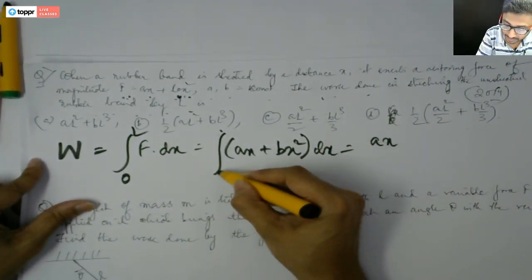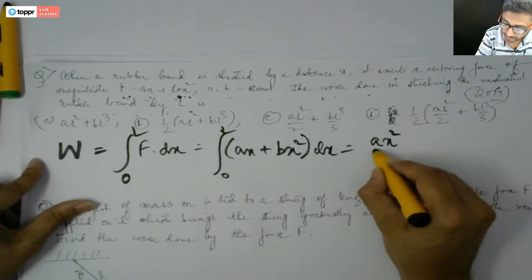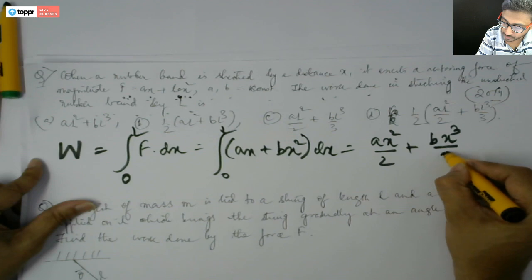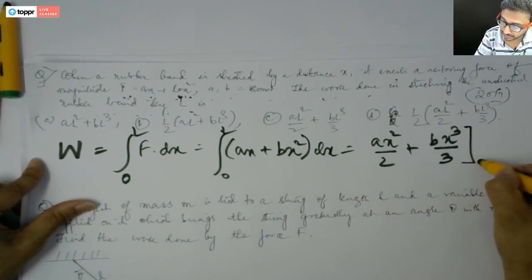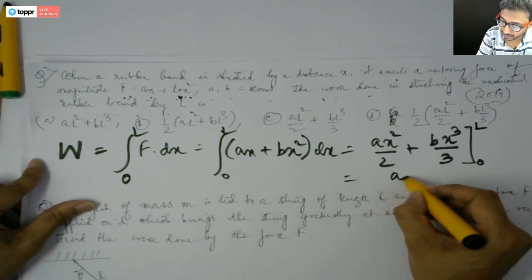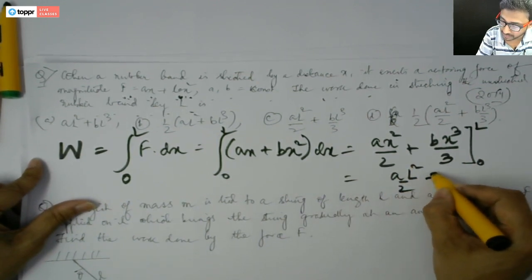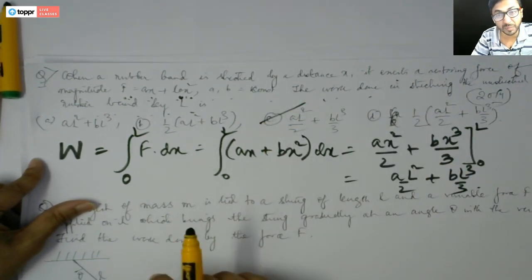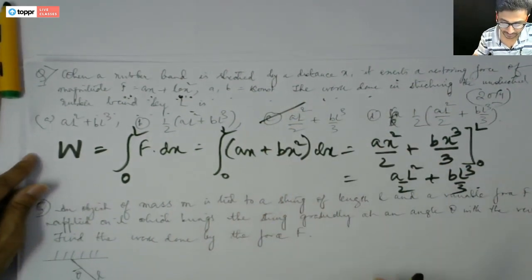It will be nothing but, from 0 to L, ax squared by 2 plus bx cubed by 3. It will be nothing but aL squared by 2 plus bL cubed by 3. This is a very direct question.